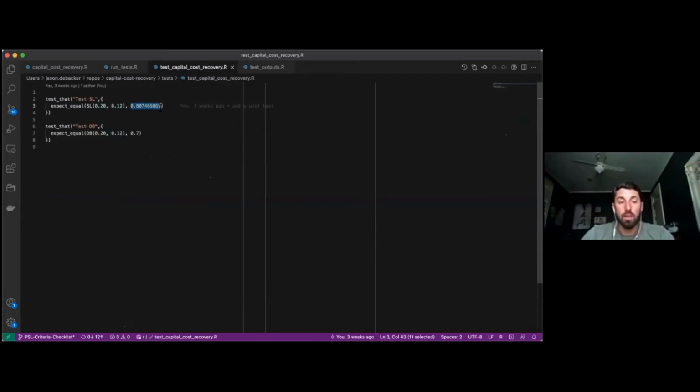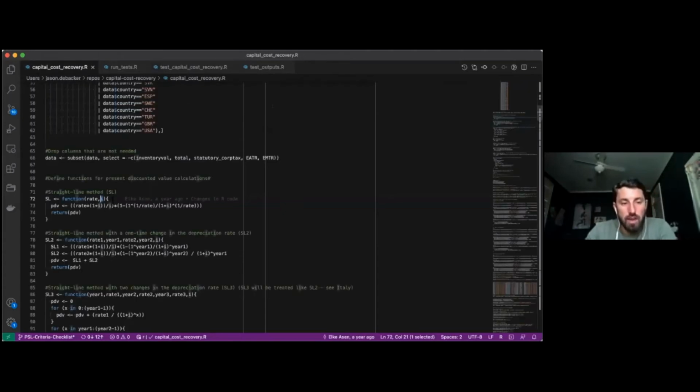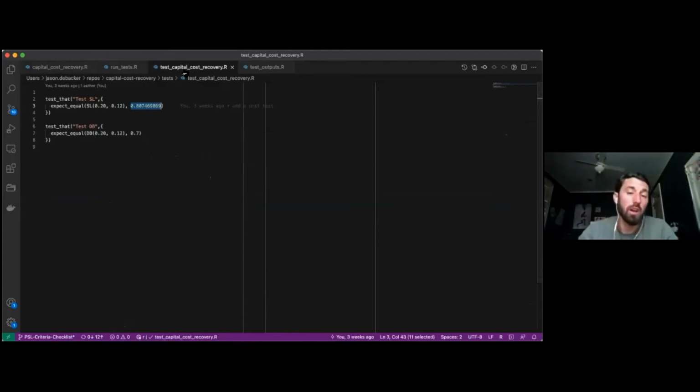The second argument in expect_equal is what I expect the output to be. How did I arrive at this value? I looked at not just how this function is written, but the documentation for the capital cost recovery model. The authors of this project have very detailed explanations and equations defining what these functions represent.